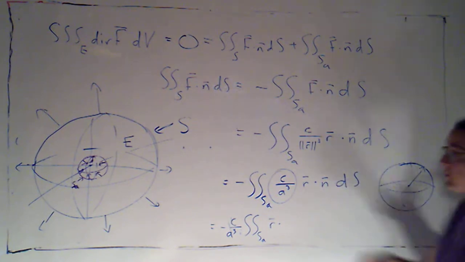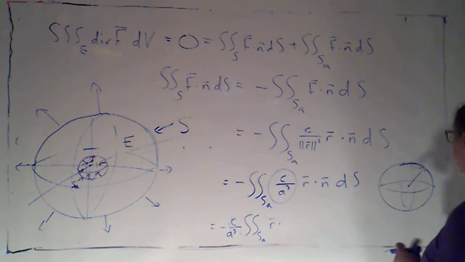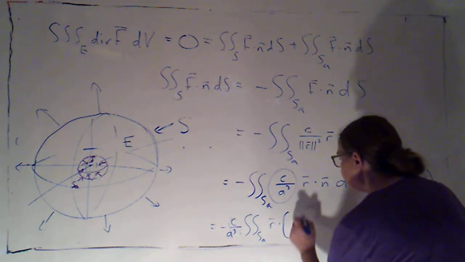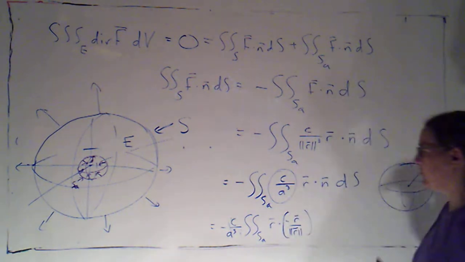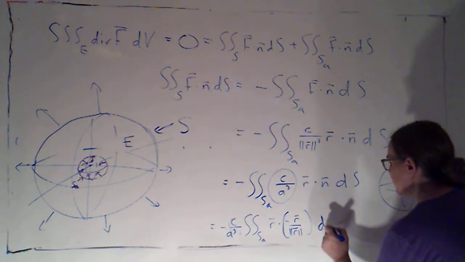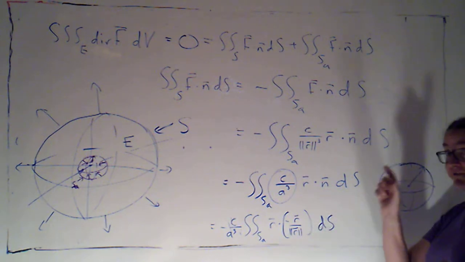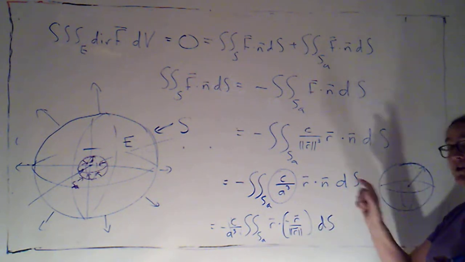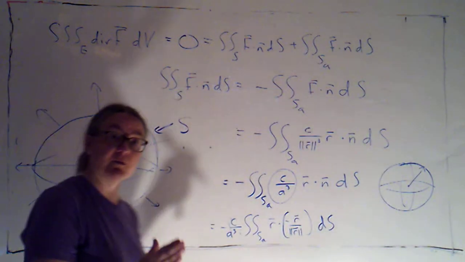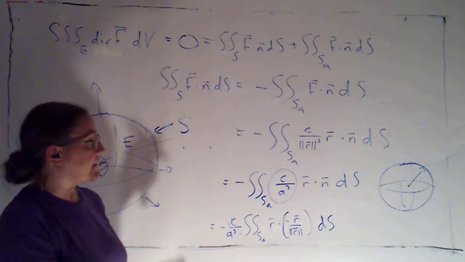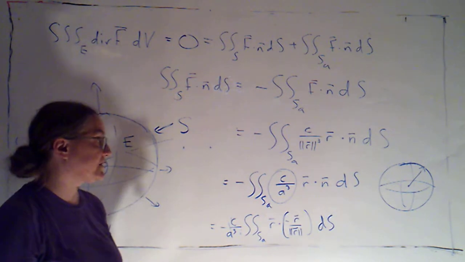So because we're oriented inward towards the origin over this particular surface, I know that N is just negative R hat, which is R divided by its magnitude. Okay. So for a sphere, it's always very nice that the unit normal vector is just R hat or negative R hat, depending on whether we're pointing away from the origin or towards the origin.